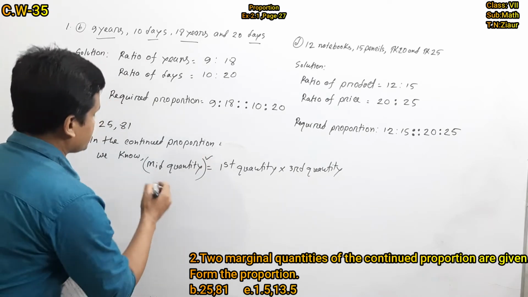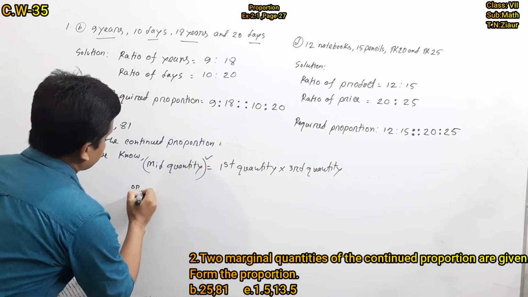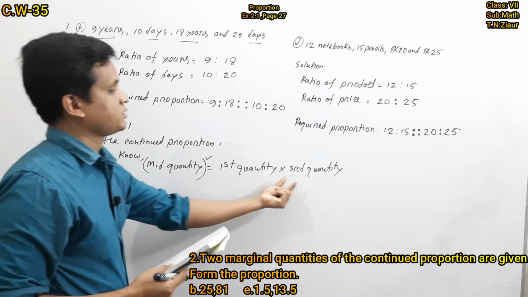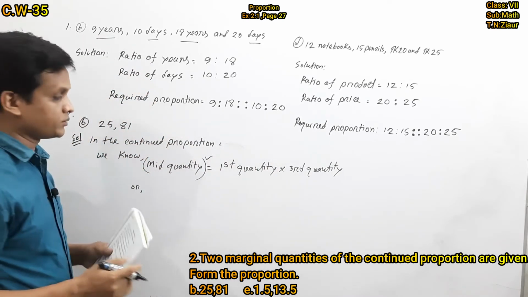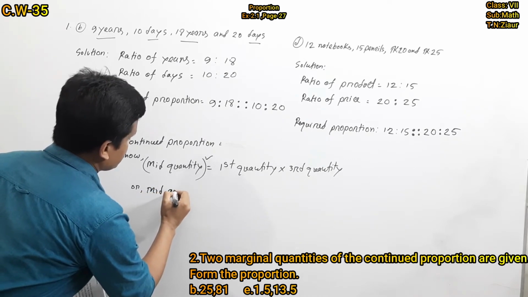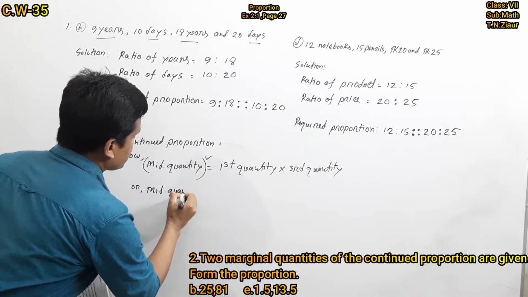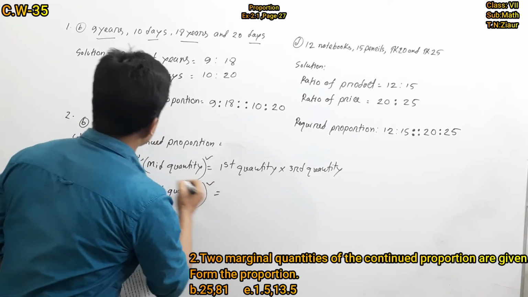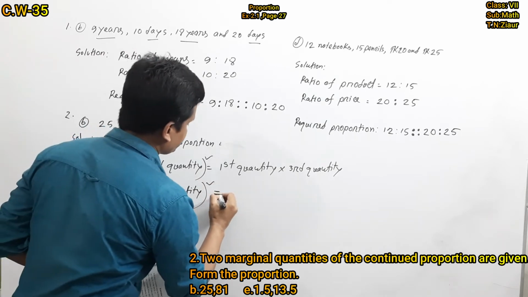That means if I write, this one is the first quantity, this one is the third quantity, 81. So now write mid quantity square equal to first, which one? 25.